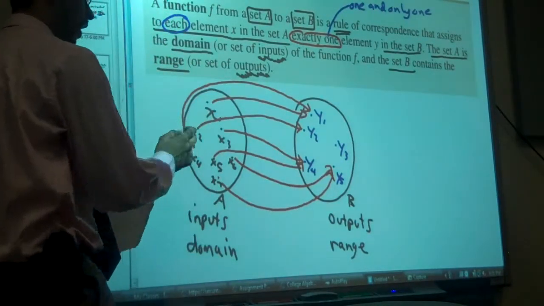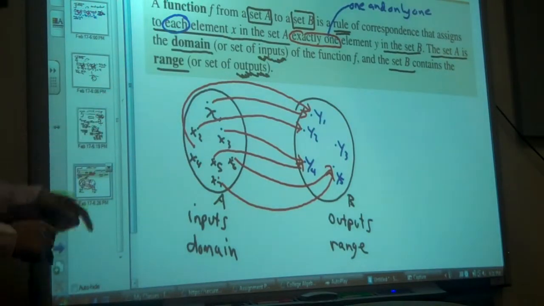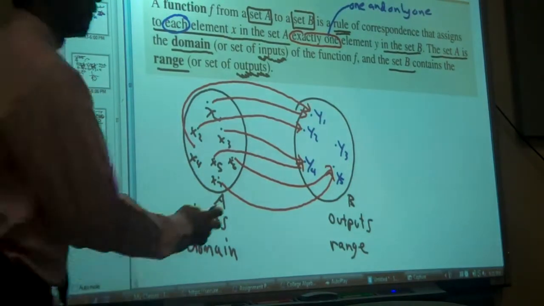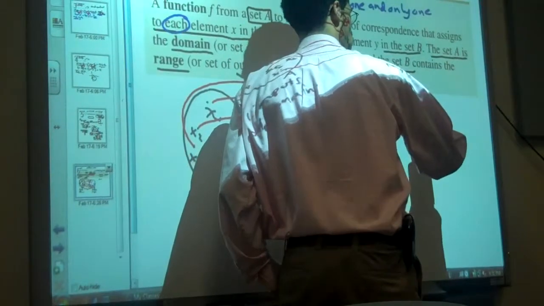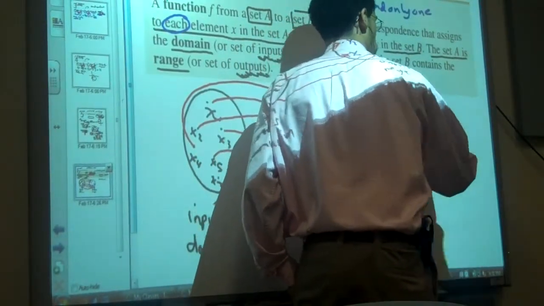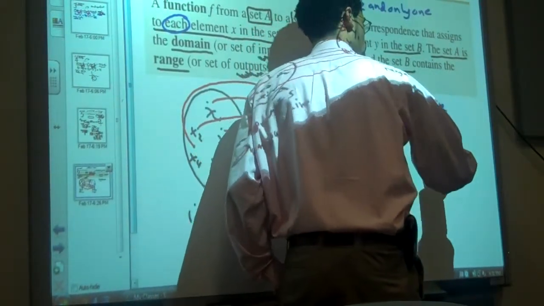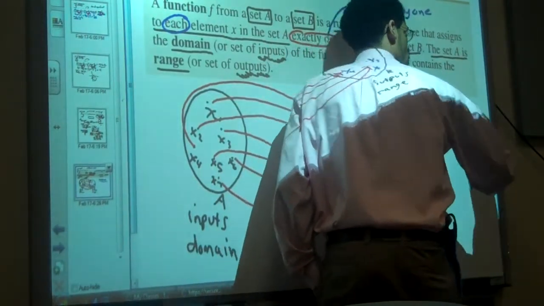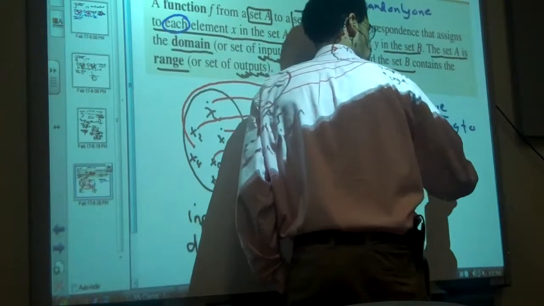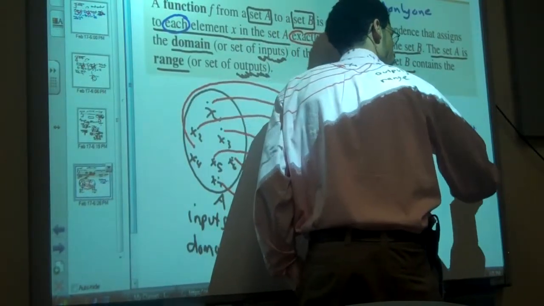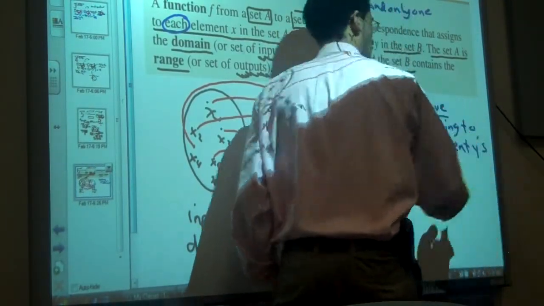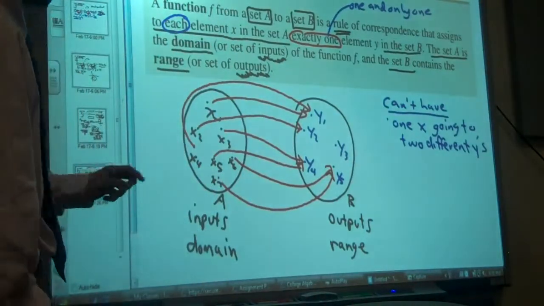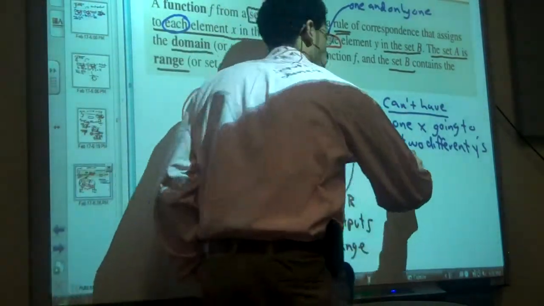And that's true. I don't have one x going to 2 different y's. Can't have that. You can't have one x going to 2 different y's. And at the same time, you can't leave any of the x's out.